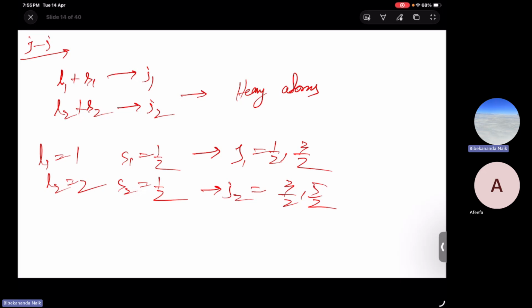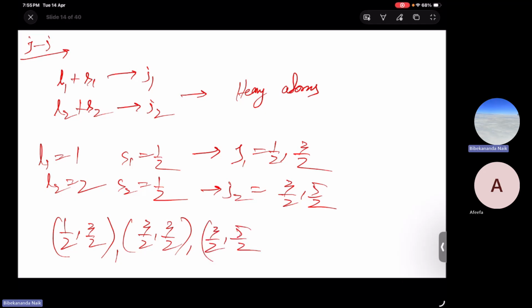So how can we write it? We can write it as (1/2, 3/2), (3/2, 3/2), then (3/2, 5/2), and (1/2, 5/2).